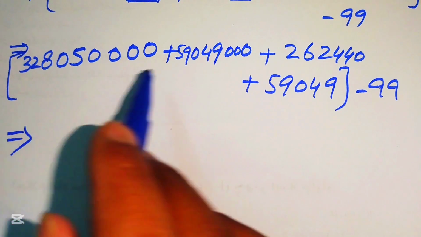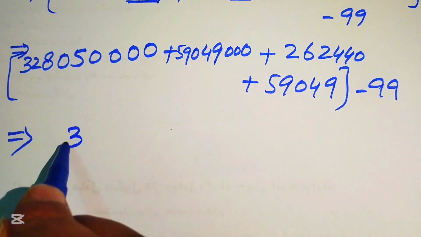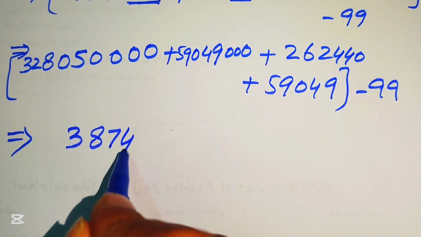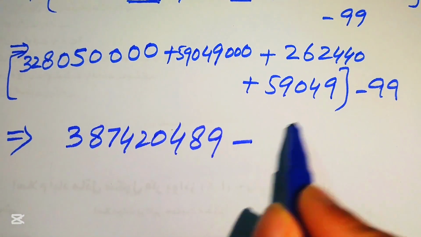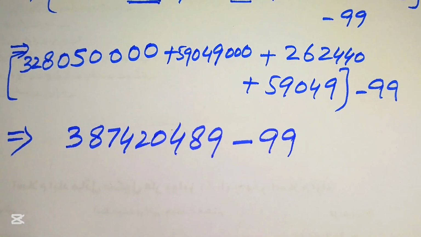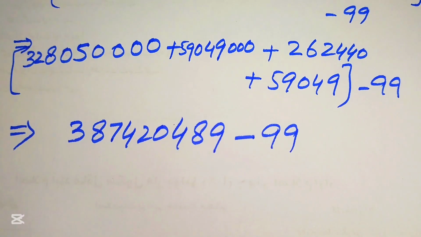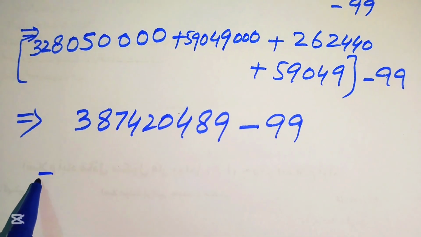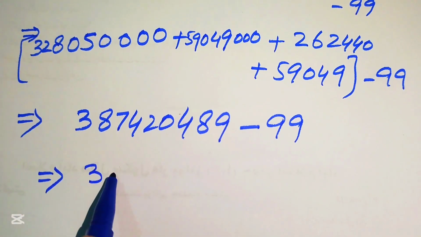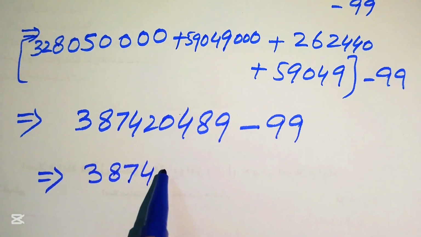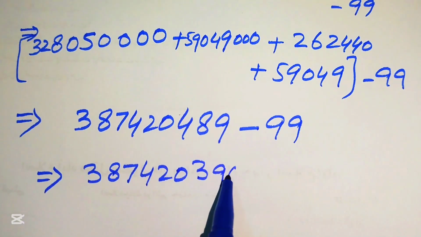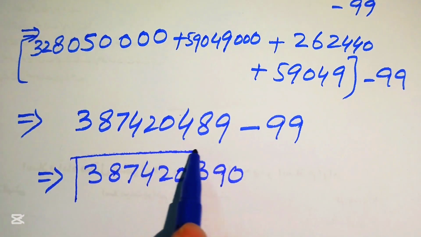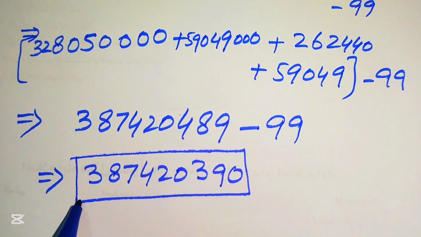And when you add these numbers, then you will get here 387,420 and 489, and minus this is subtracted by 99. So when you subtract this number by 99, then you finally get here 387,420 and 390, and this is our final simplified form of the given expression.